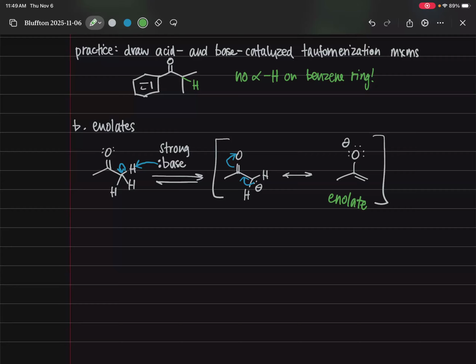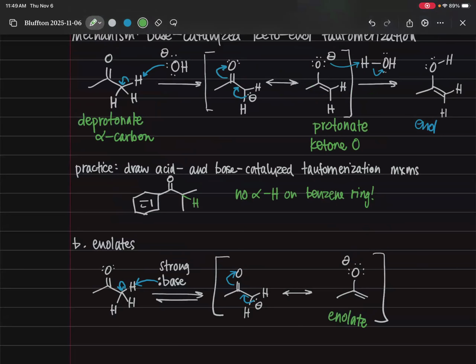Now you're going to say, oh, okay, so what do we do here? This looks just like the base catalyzed mechanism, right? Deprotonate, draw a resonance structure, get to here, and then you protonate it with water.